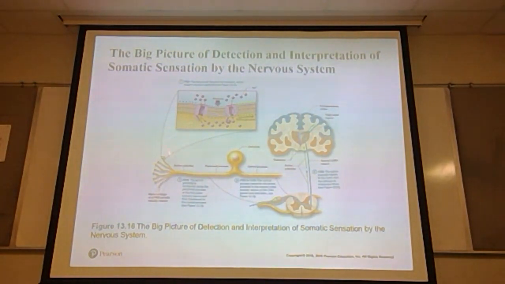Signal comes in through the peripheral process, the action potential moves down, crosses this sort of bridge by the cell body, and moves into the central process, where it moves into the horn of the spinal cord, crosses over, because remember, pain on the right side is affected on the left, and moves up to the third order neuron, where we are finally told that there is pain. And then the signal goes back if an action is required.